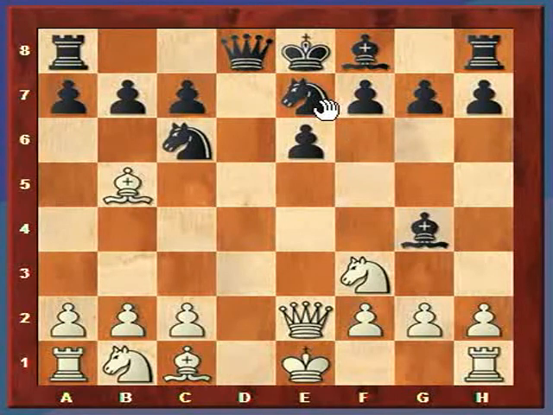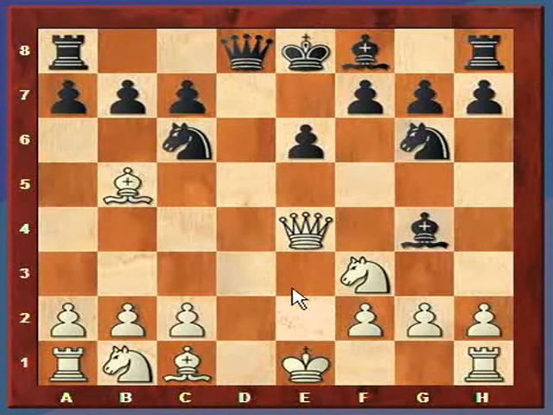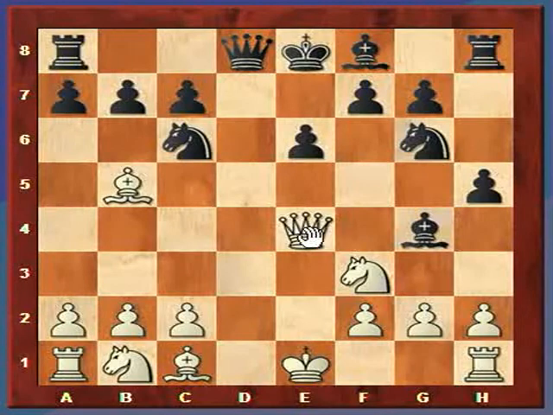Let's say black moves its knight over to g6, and now we threaten to win, move our queen up, and we threaten to win this piece here because it's unguarded. Then black sees that and decides to play this pawn up. And now we have it set up so we can win this pawn, because this piece can't move, and we can win it by force.